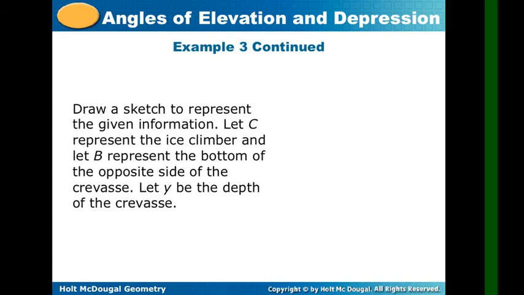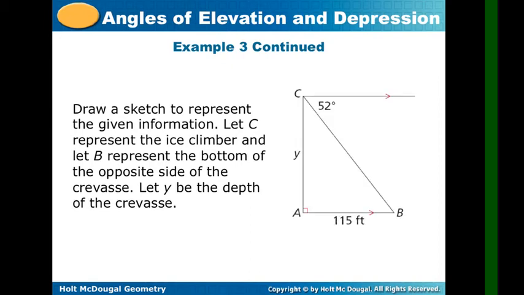Draw the sketch to represent the given information. Let C represent the ice climber and let B represent the bottom of the opposite side of the crevasse. Let Y be the depth of the crevasse. So lapad siya, no? Hinahanap pa rin natin yung height kung saan siya nakatungtong.